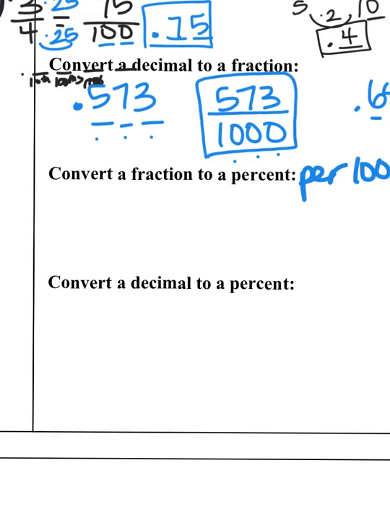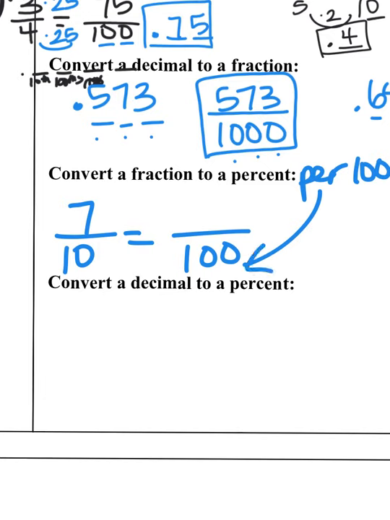So let's say you get a 7 out of 10 on a quiz. Okay, well, we want that to be over 100 because percents are always out of 100, right? So to get from 10 to 100, we multiply by 10. And that means we multiply the top by 10. So 7 times 10 is 70. And then we can convert that to just 70%.